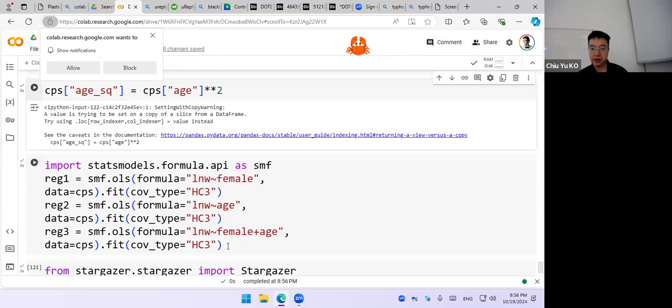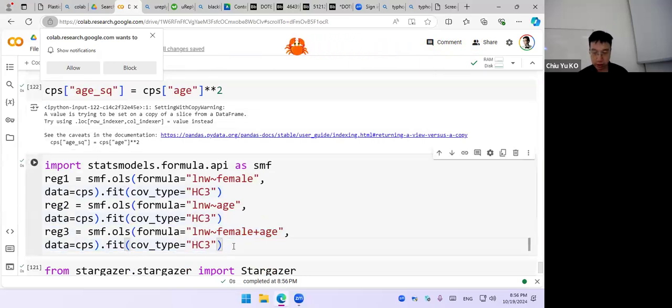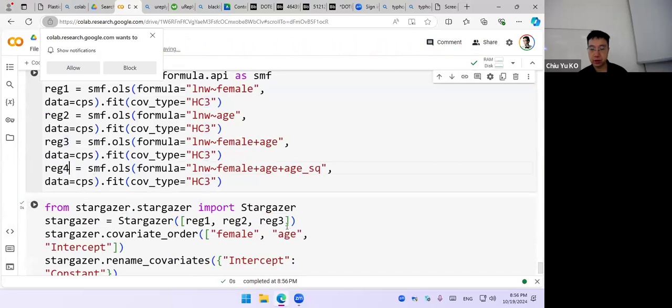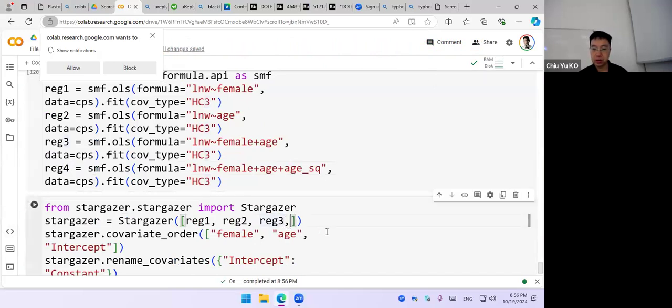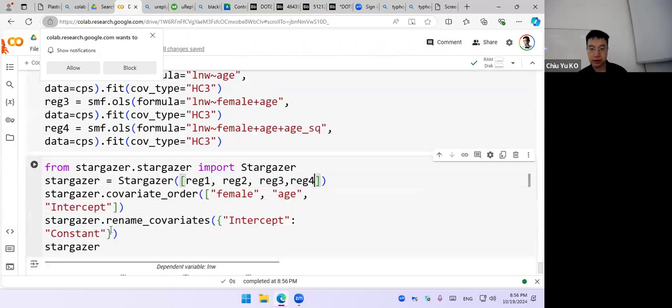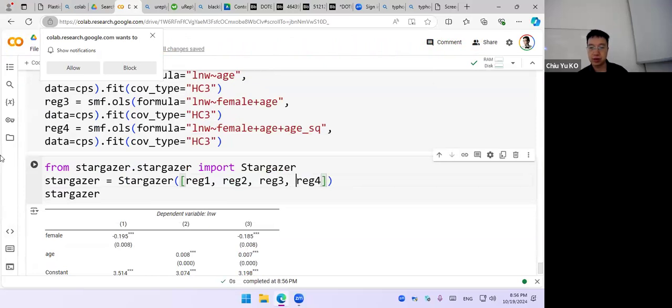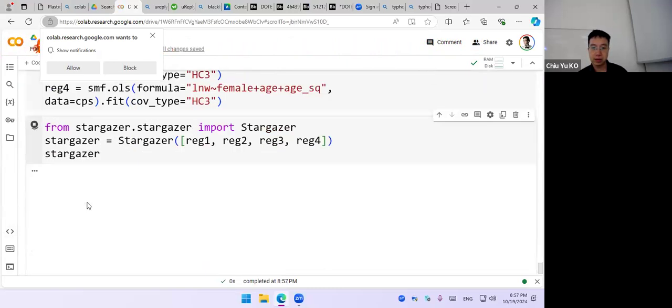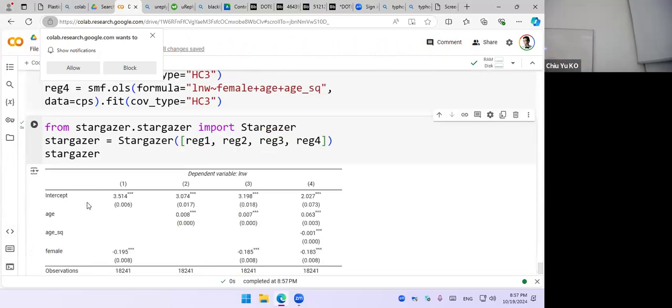And then I can have another equation that allows me to have age squared. Just run it. Then you have more, and you can add as many as you want, and then you run the regression. That's usually what you do.